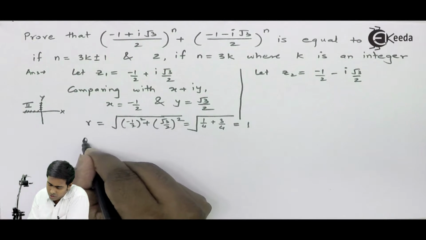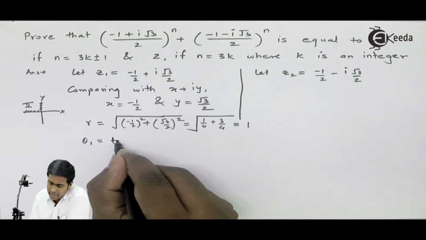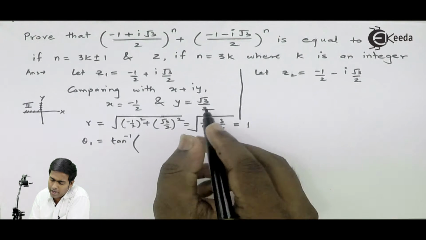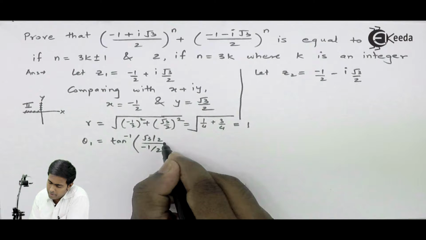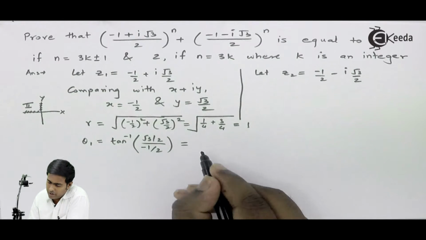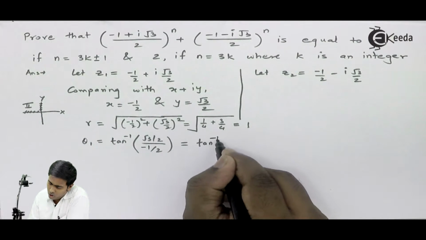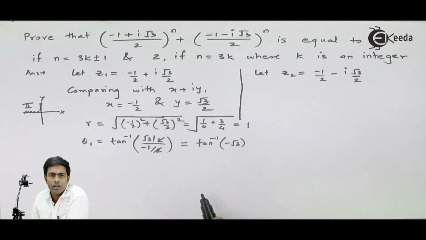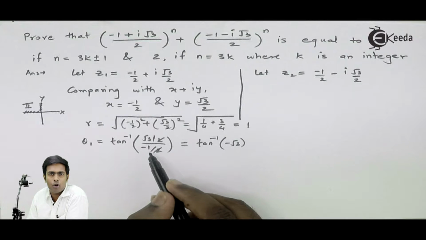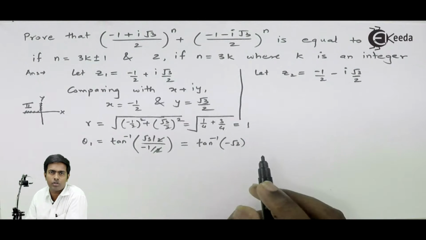Similarly, if I find theta 1, then I'll get tan inverse of y by x. Here y is √3/2 and x is -1/2. So we will get tan inverse of -√3, because the 2 and 2 get cancelled out, and √3 upon -1 is -√3.